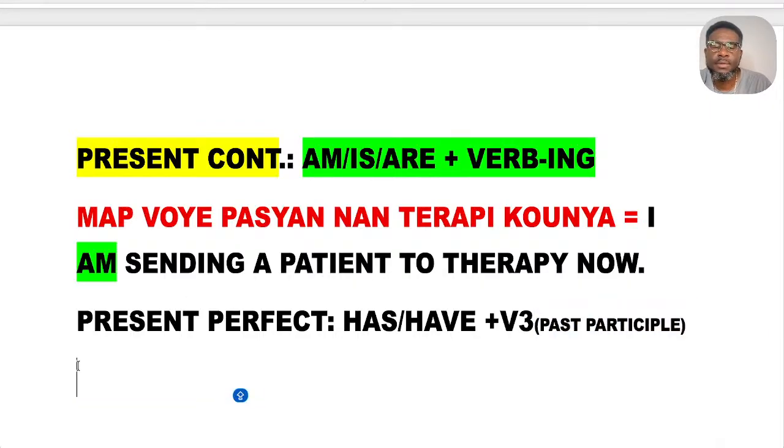All right, so has, have, plus past participle. So now let's try to take the same example and then convert it in present perfect. Mwen deja voye pasyan nan terapi.